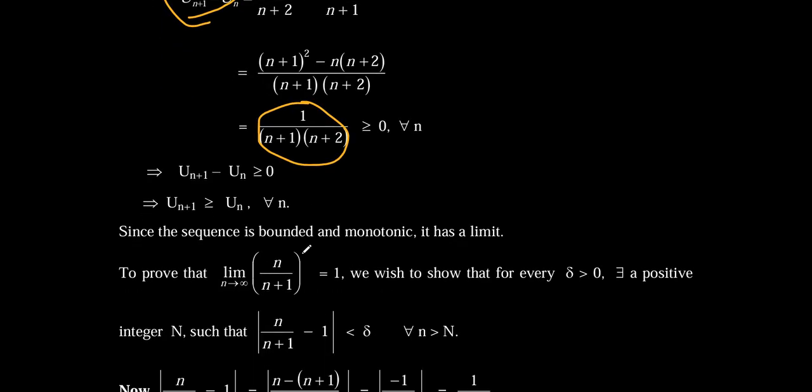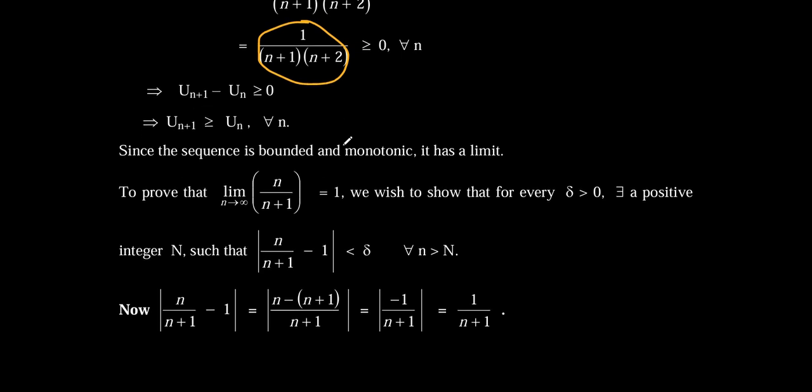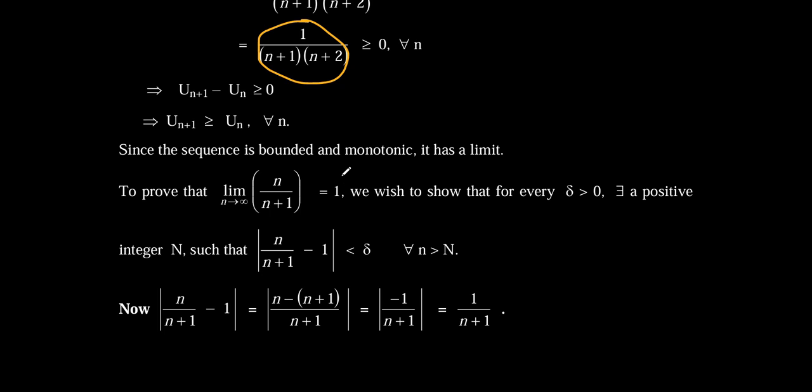Then, to prove that the sequence has a limit of 1, we have to show it numerically. We use the same limit point theorem. We subtract the limit from the sequence, because if the sequence has a limit of 1, then once you subtract it from the sequence, the result will always be less than a delta.